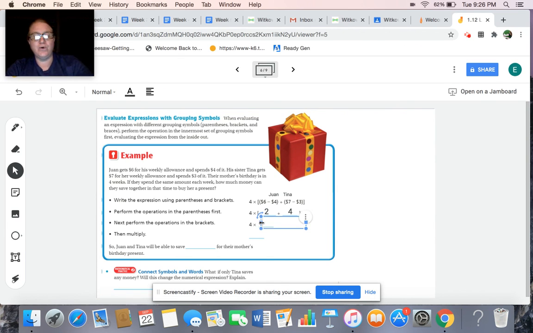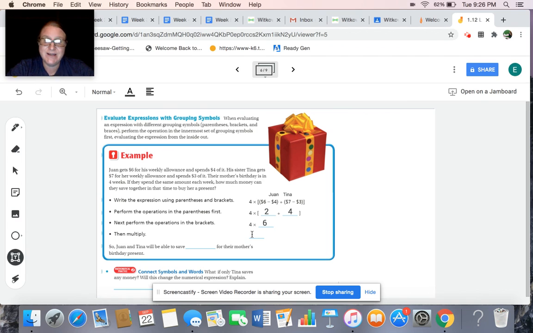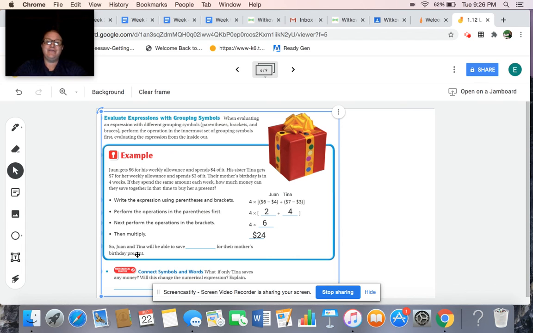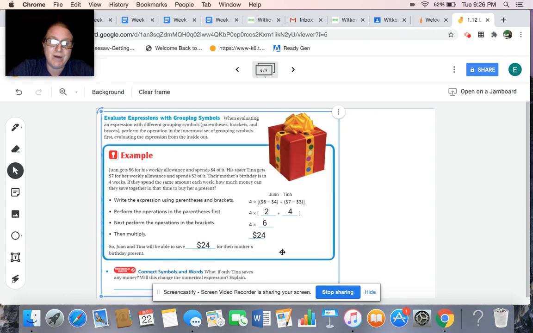And 2 plus 4 is 6. Then we can multiply 4 times 6. And 4 times 6 is 24. So they will have $24 in 4 weeks. So Juan and Tina will be able to save $24 for their mother's birthday present in 4 weeks.